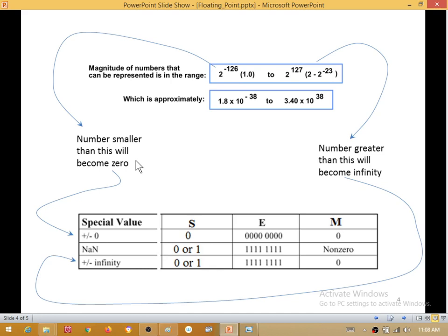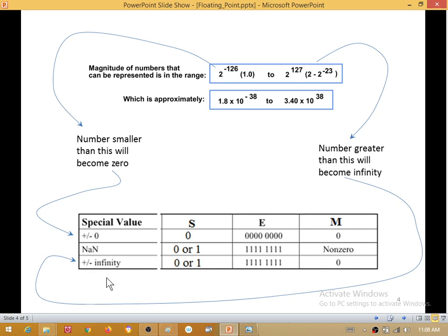What happens if the number that you are working with eventually becomes smaller than this number? In that case, you will represent that number using a 0, in which case S will be 0, E will be 0, and M will be 0.